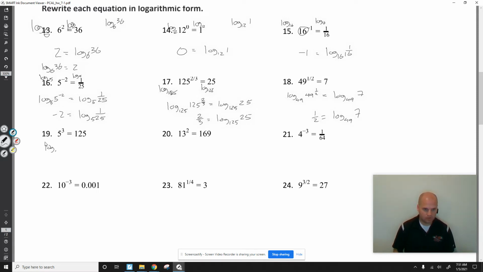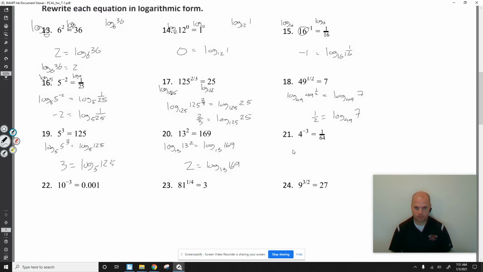Log base 5, because 5 is the base of the exponent, giving us 3 equals log base 5 of 125. 13 is the base. Take the log base 13 of both sides, getting us 2 equals log base 13 of 169. This is the logarithmic form of 13 squared equals 169.